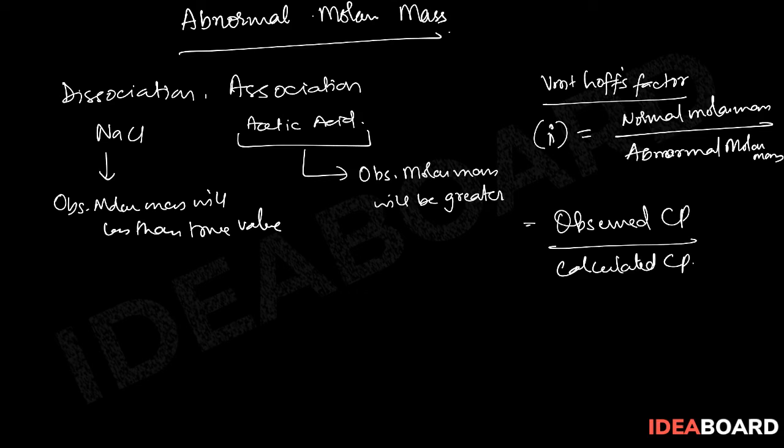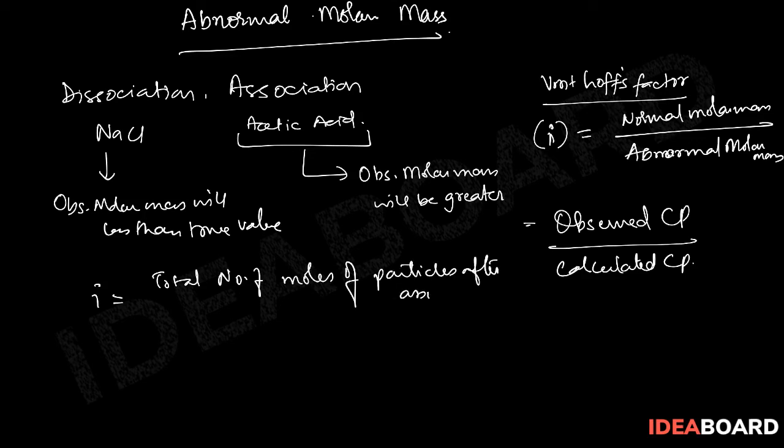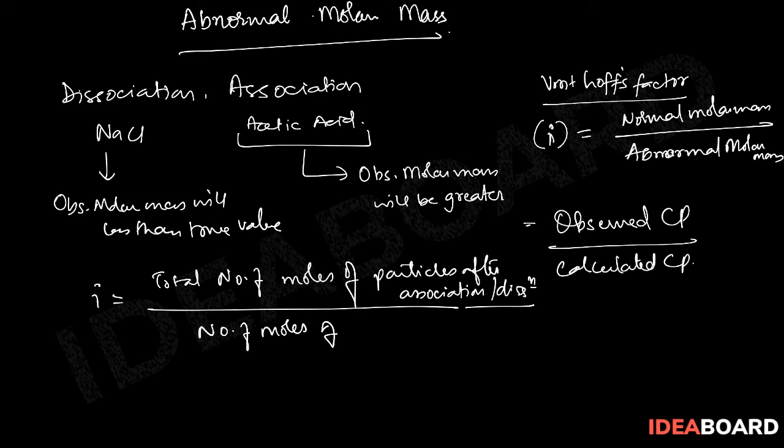And a more useful form of the Van 't Hoff factor i is the total number of moles of particles after association or dissociation divided by the number of moles of particles before association or dissociation.